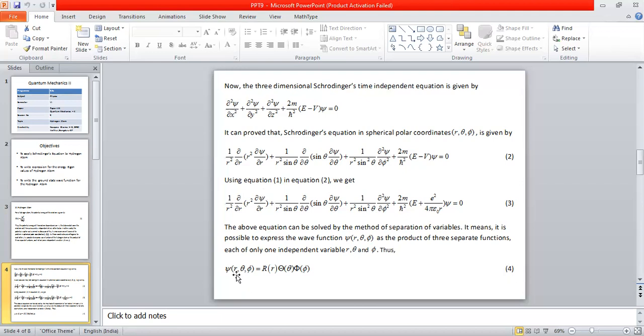So we are going to use equation 4 in equation 3. We are going to replace psi by capital R, capital Theta, and capital Phi.